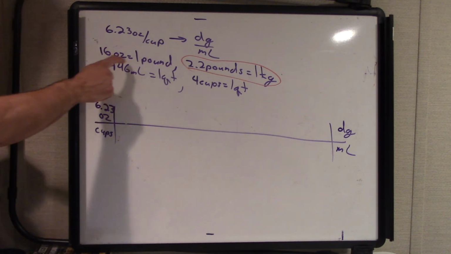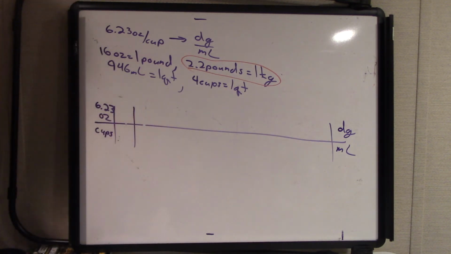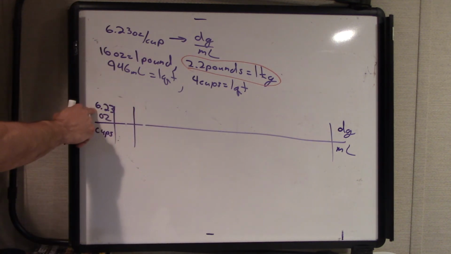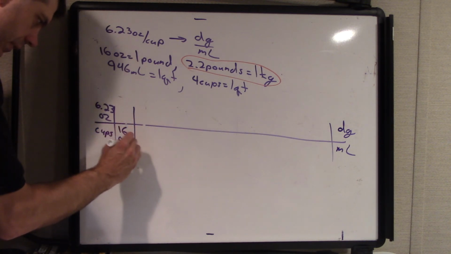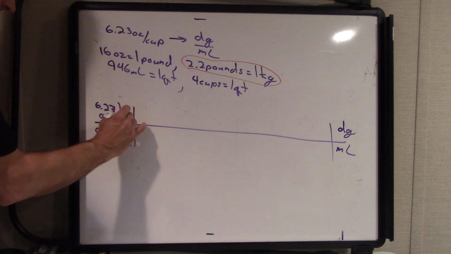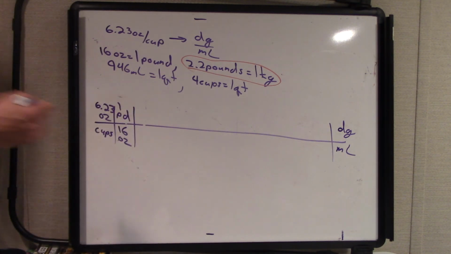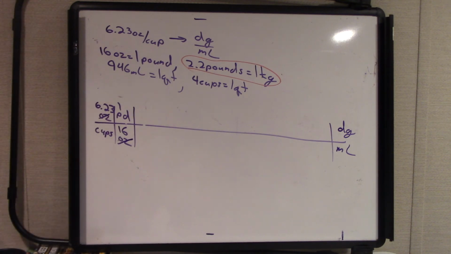Can I do that? Sure, I have a conversion for that. 16 ounces, 1 pound. Well, ounces in the numerator, I need ounces in that denominator. Pounds will go on top, 1 pound. Ounces have canceled. Now I have pounds. LB is kind of a short abbreviation for pounds.